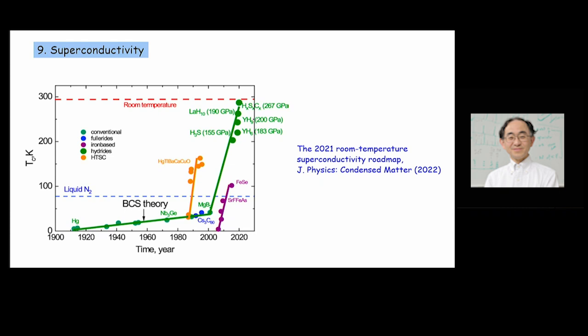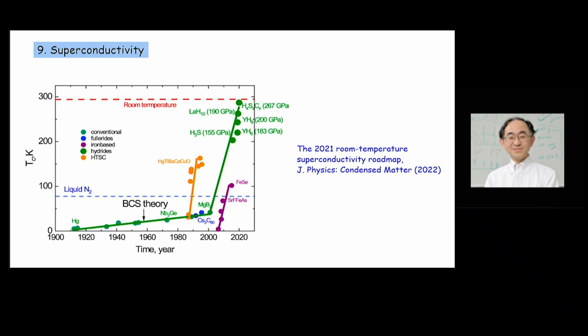This is almost 200 gigapascal, right? This is a problem. And this is hydrogen. Because we want to use the high temperature superconductor under ordinary conditions, right?